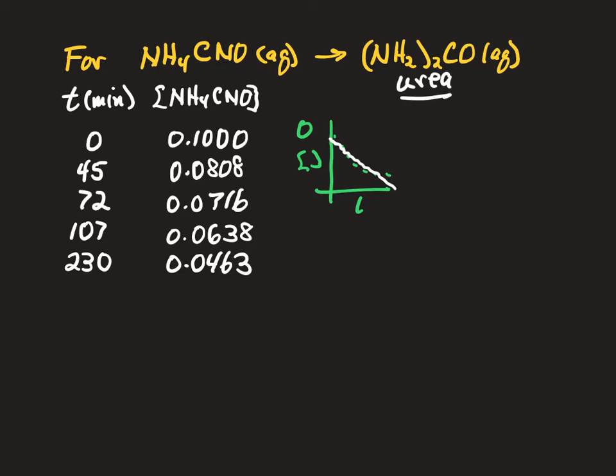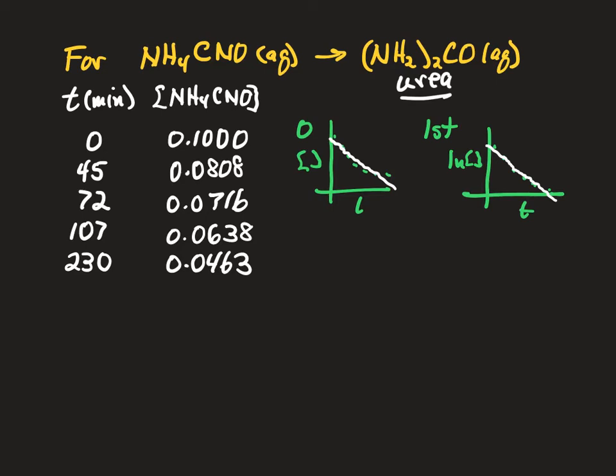So I tried the first order, that is, plotted the natural log of the concentration versus time, and I got a better fit, but still, when I drew that line through, it looked like there was a curve. My R was okay, but I still wasn't sure.